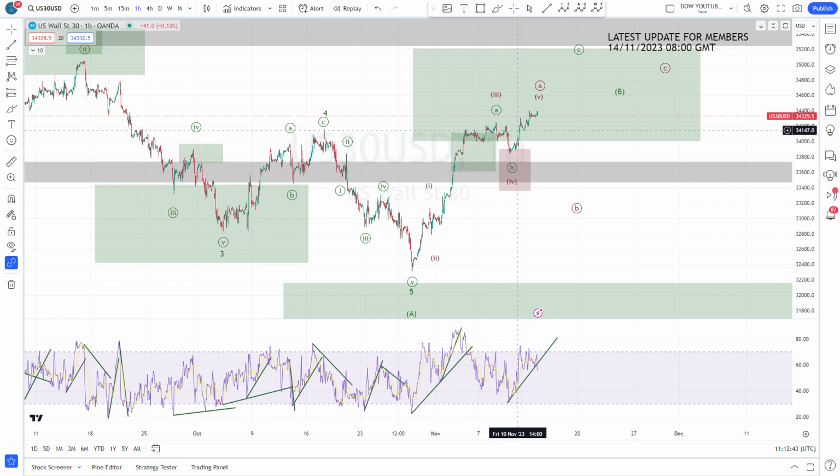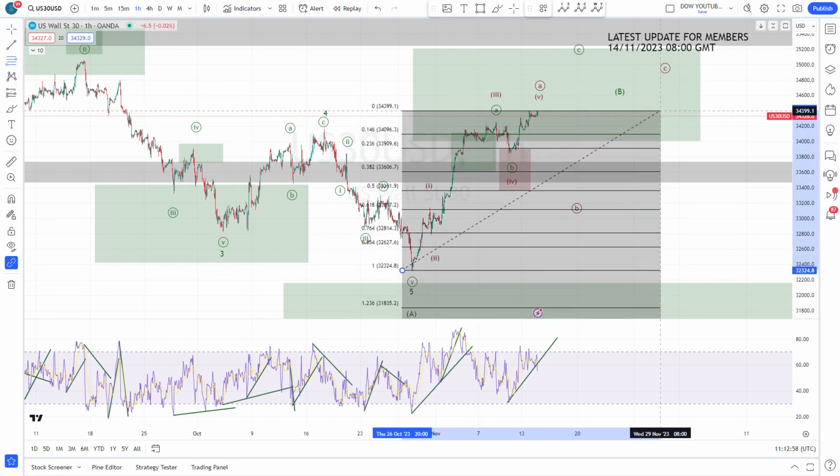However, if the scenario in red is playing out, then the pullback that we get right here might be a nice buying opportunity. So if we get the scenario in red, then this here is the top of our impulse, more or less. Maybe we see a bit more upside.